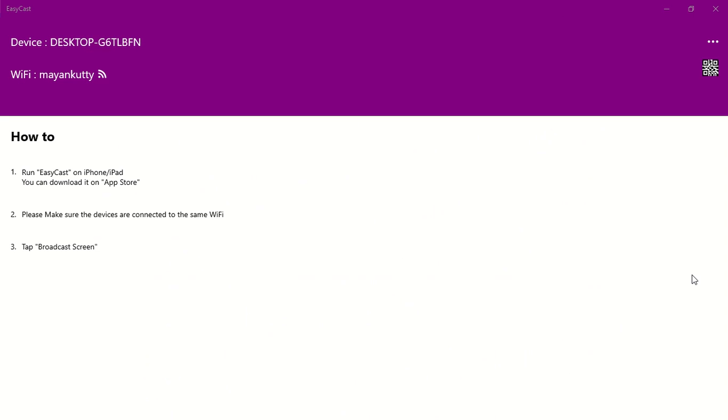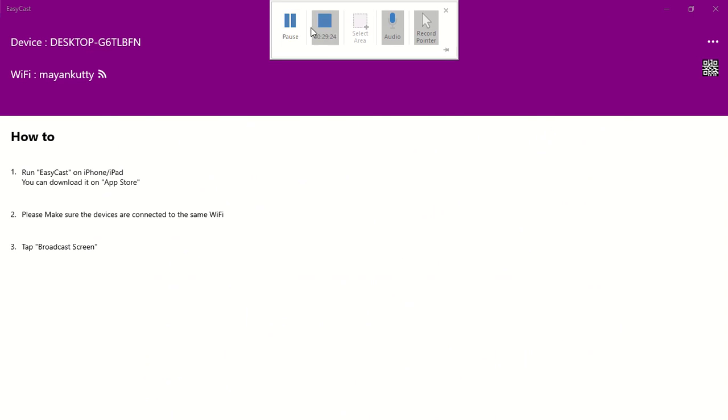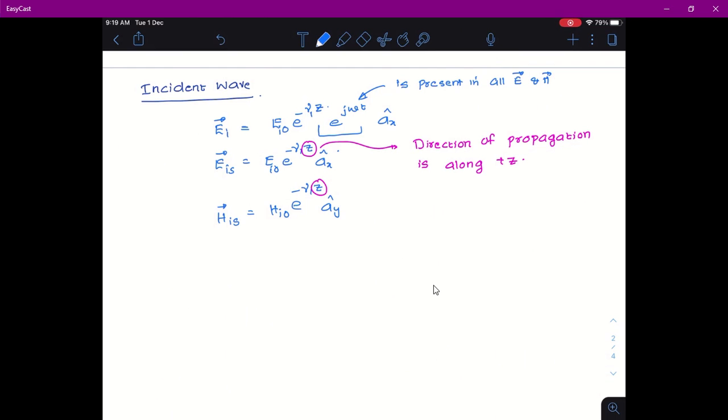Fine. Now we also saw that we can relate EI0 and HI0. And what is the relation? The ratio of the magnitudes of the components of the same wave, for example in this case the incident wave, is equal to eta.